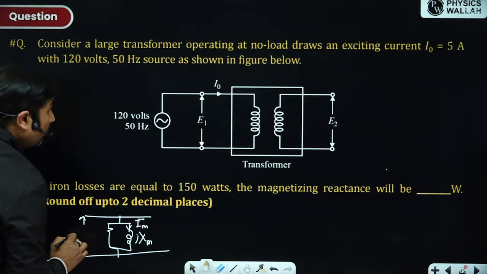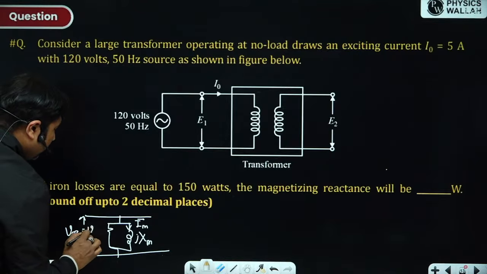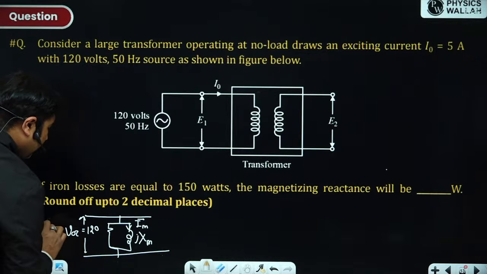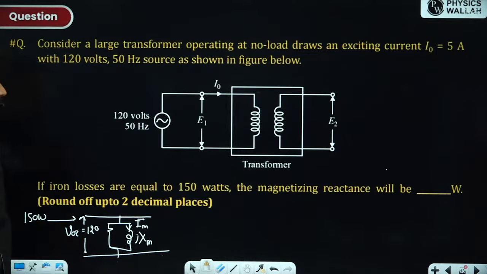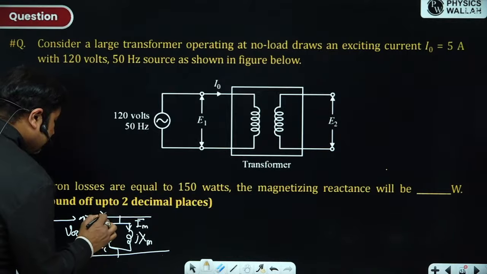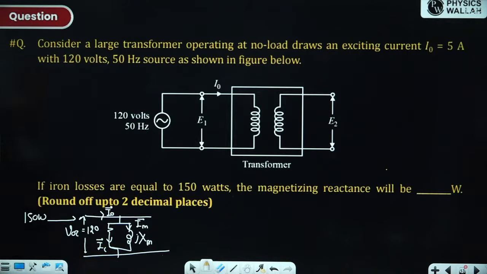The voltage source is given as 120 volt, and the power entering the machine is given as 150 watt. So we can calculate IC, and once we have IC, we can calculate IM, then XM. So please observe here.